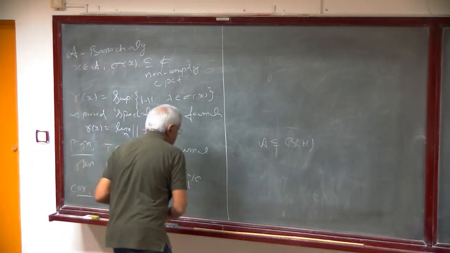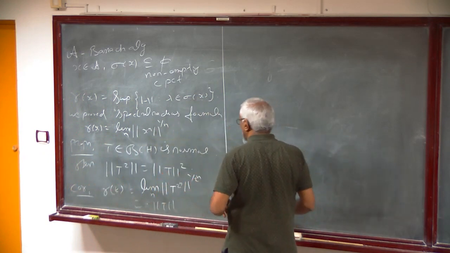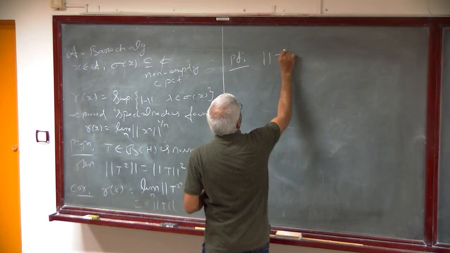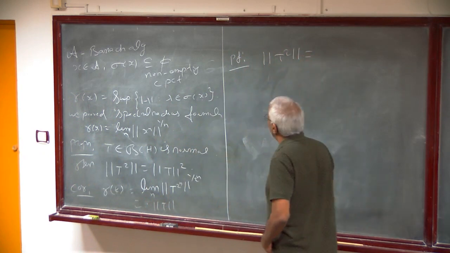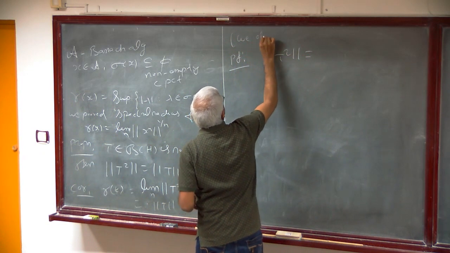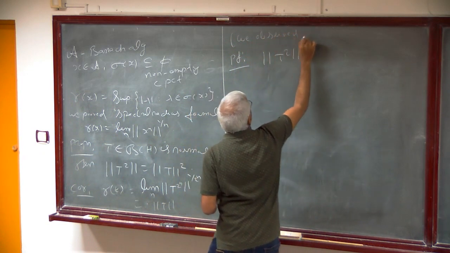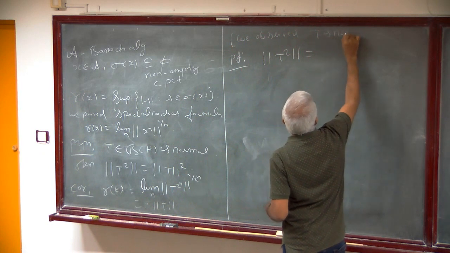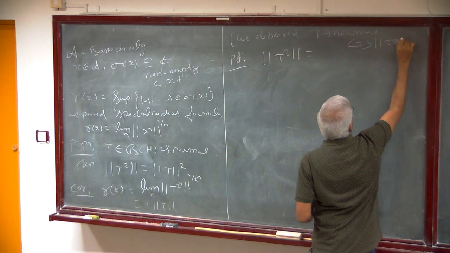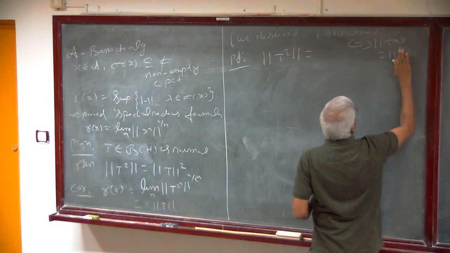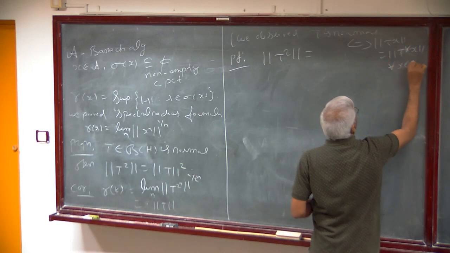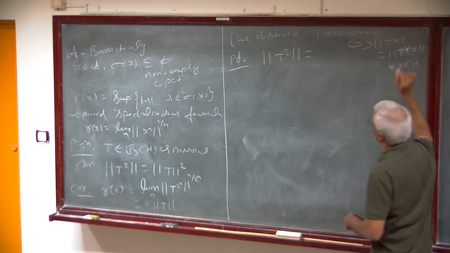Now we prove this for the normal operator. Proof of the proposition. We have observed that T is normal is equivalent to norm Tx equal to norm T star x for all x.